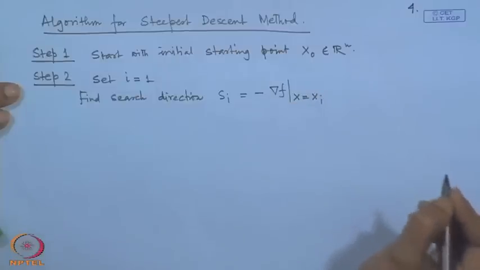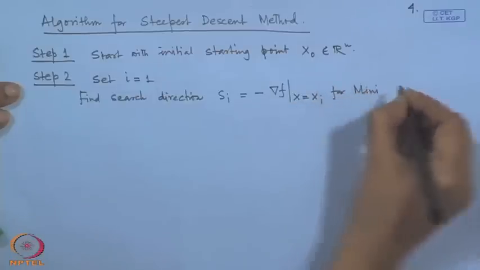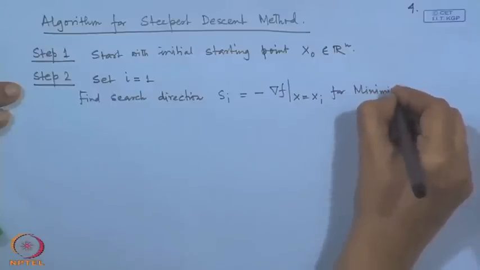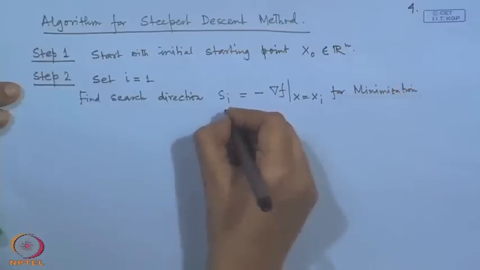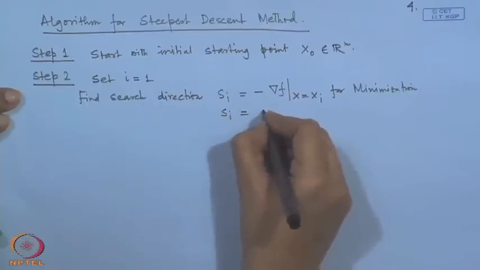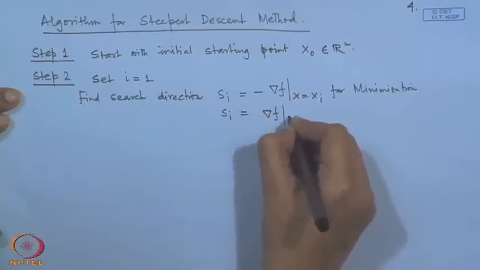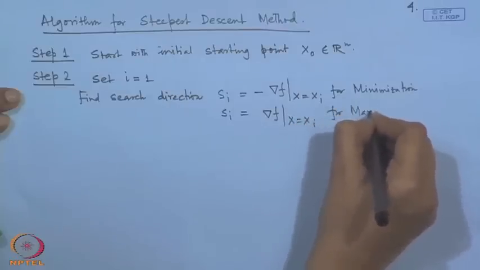This is for the minimization problem. Let me write down the algorithm for the general nonlinear unconstrained optimization, and grad f at x equal to x_i. This is for the maximization problem.